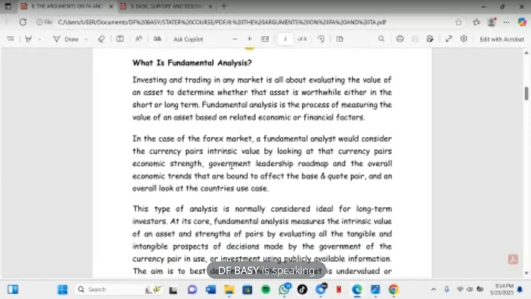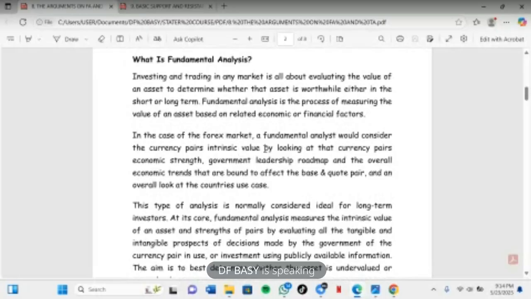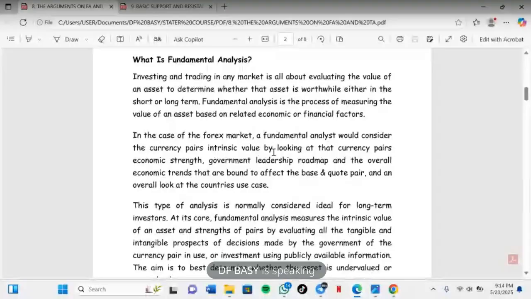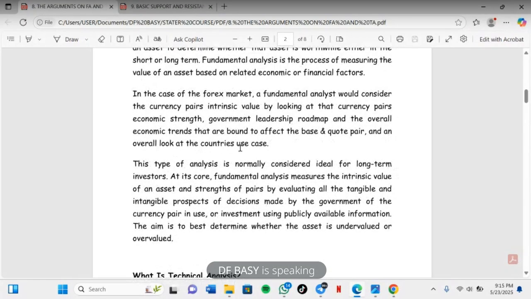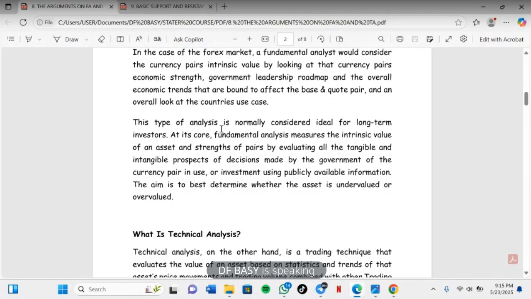In the case of the forex market, fundamental analysts would consider the currency pair's intrinsic value by looking at that currency pair's economic strength, government leadership, roadmap, and the overall economic trends that are bound to affect the base and quote pair, and an overall look at the country's use case. This type of analysis is normally considered ideal for long-term investors.